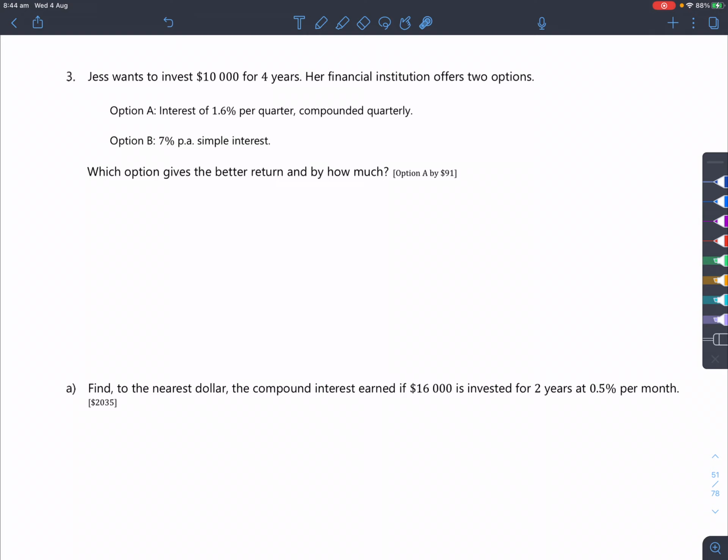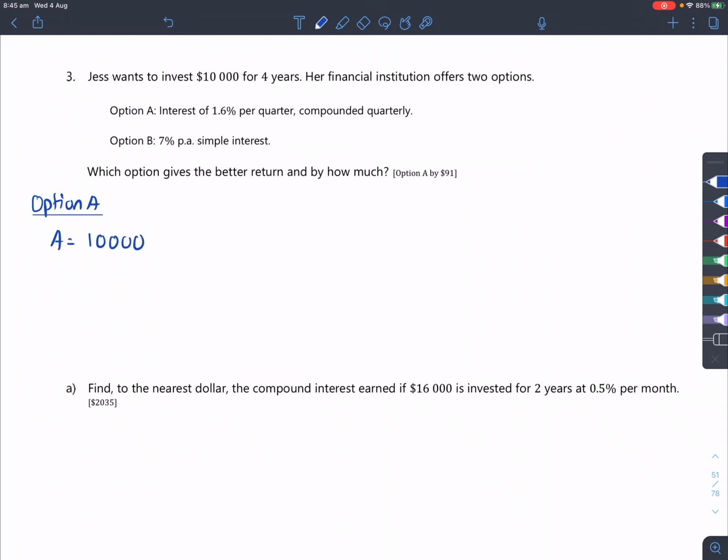Okay, so in this case, we shall look at option A first. Now we're going to use our formula A is equal to P bracket 1 plus R to the power of N. Our principal in this case is 10,000.